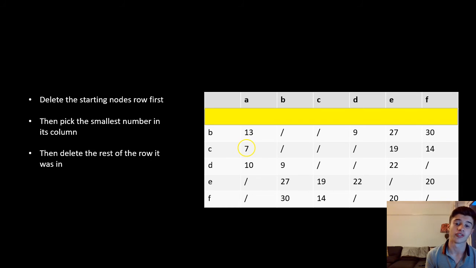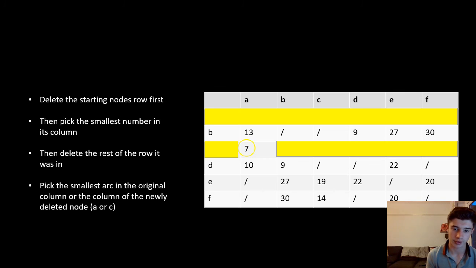And then we delete that row, because we don't want to go back to C now, because C is now a discovered node. So we delete C's row. Then we pick the smallest arc, which is in the original column, so A's column, or the newly deleted node's column.